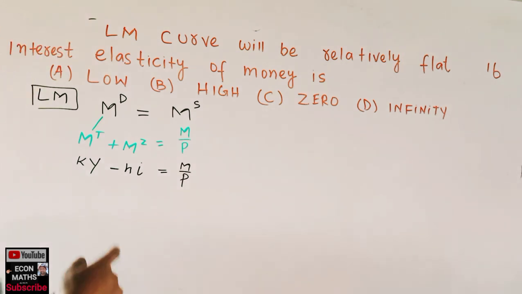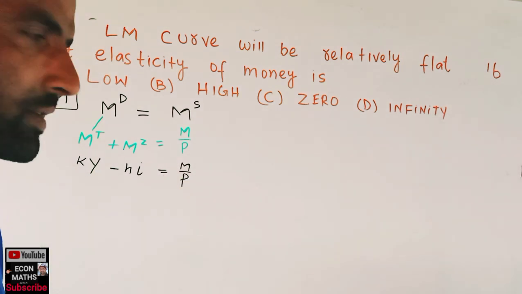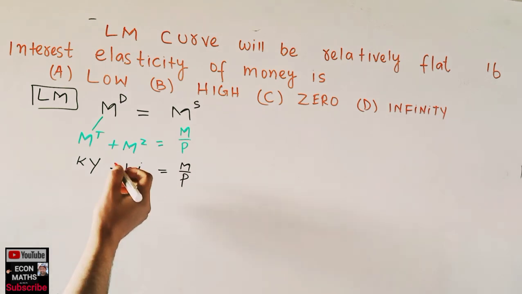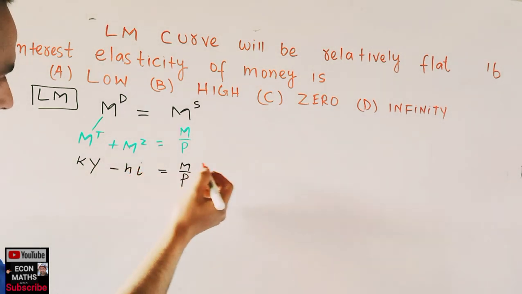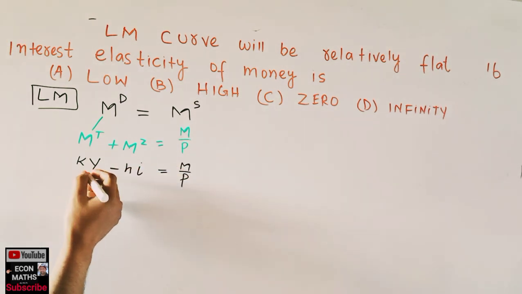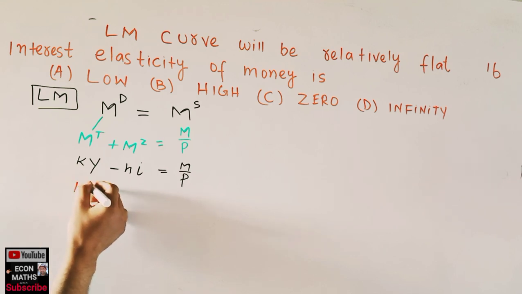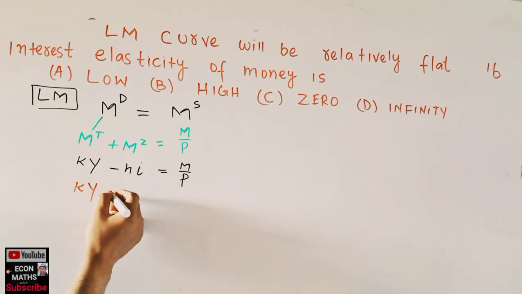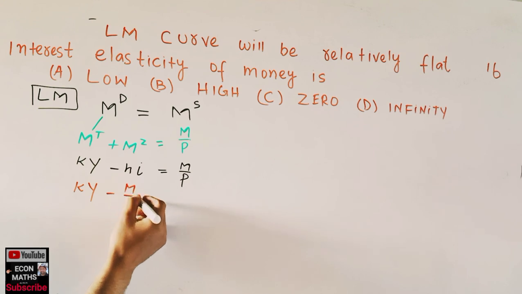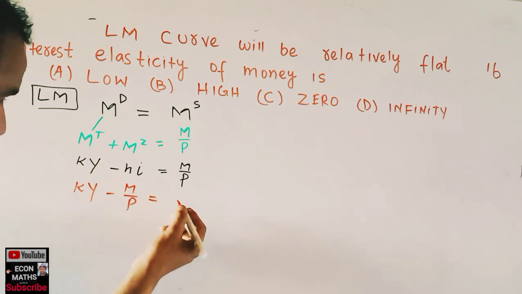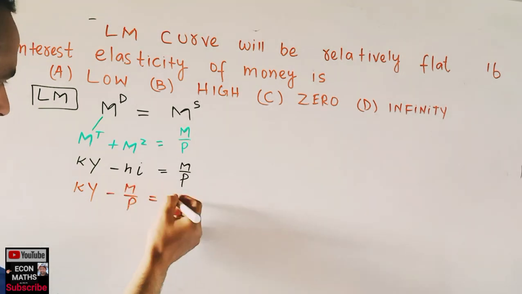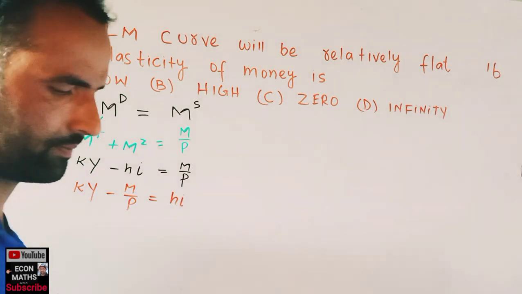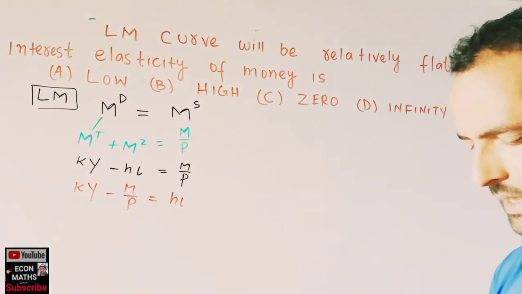That implies, let us solve this equation for interest rate. Let's transpose this minus HI to the other side, so it will become K times Y, and transposing M upon P here, it is equal to H times I. I hope I am making myself clear.